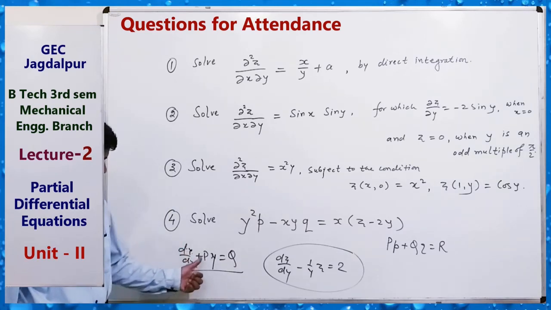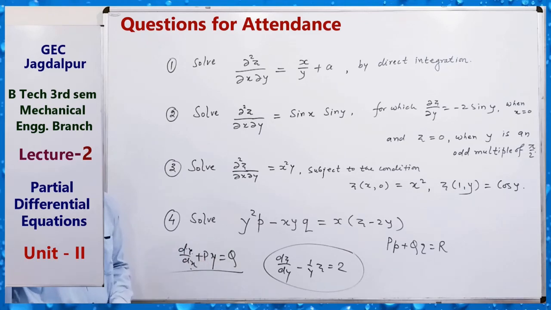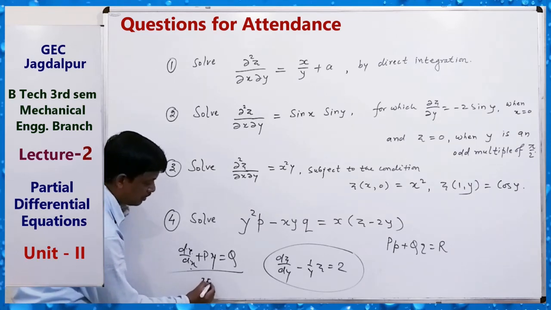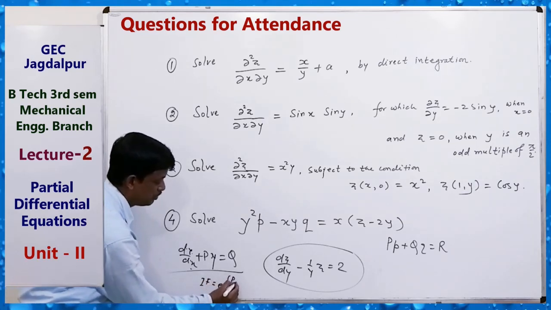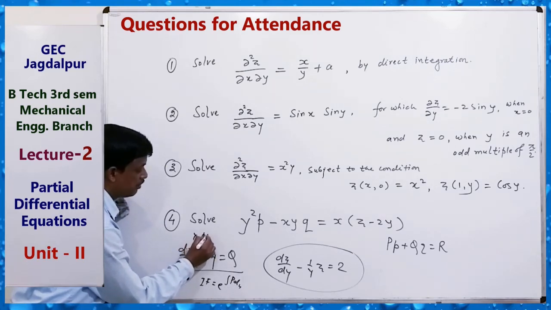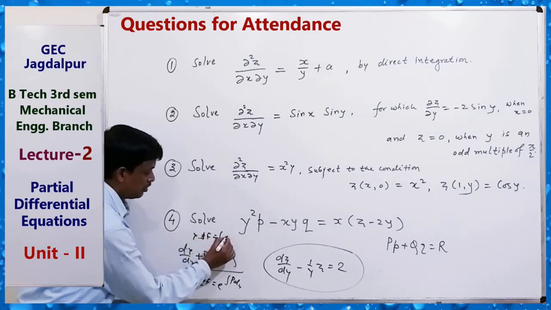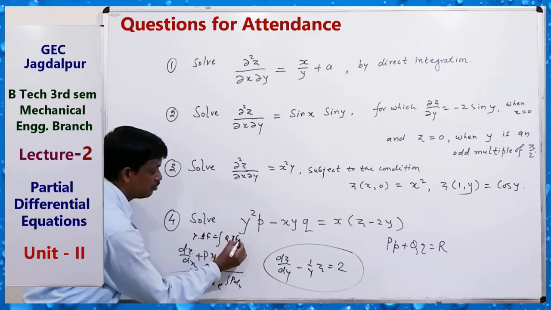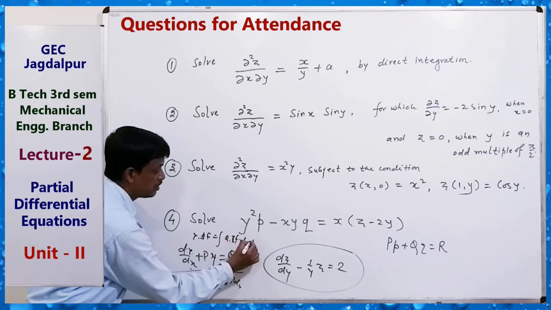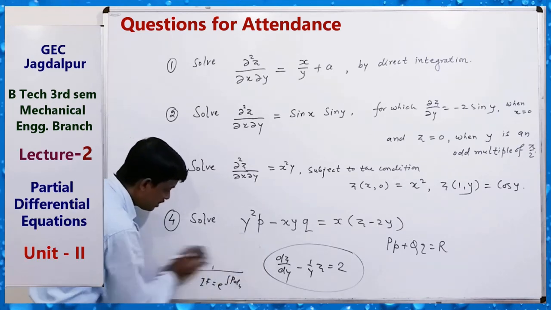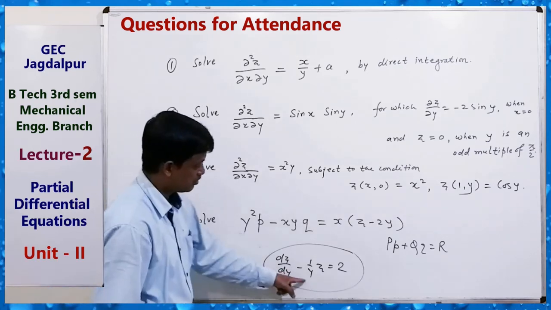You can solve it by taking the integrating factor, IF equals e to the power integral of P dx, and then the solution is y into IF equals integration of Q into IF dx plus constant. So by using this technique you can find the solution of this.